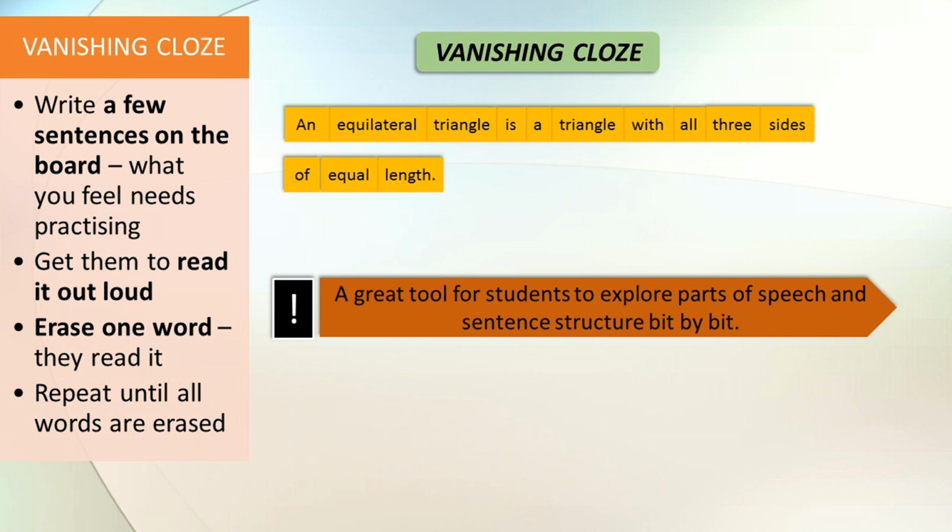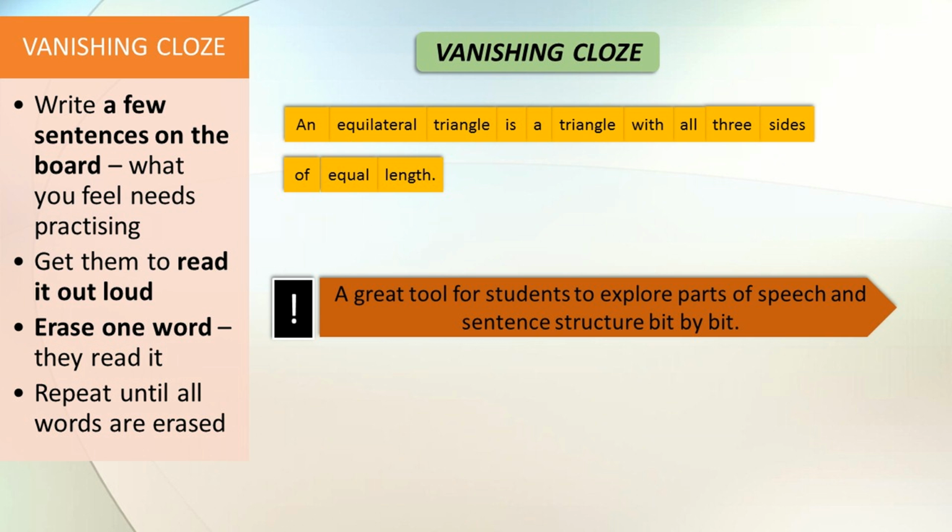Vanishing cloze is based on the idea that you write a few sentences on the board, whatever it is that you feel needs revising, for instance, a definition of 1 or 2 of your keywords in your unit. Then you get the students to read the sentence out loud. Then you erase one word, students recreate the sentence. Then you erase the next, they recreate the full sentence again. Then you erase another one again, and again, and again, and again.